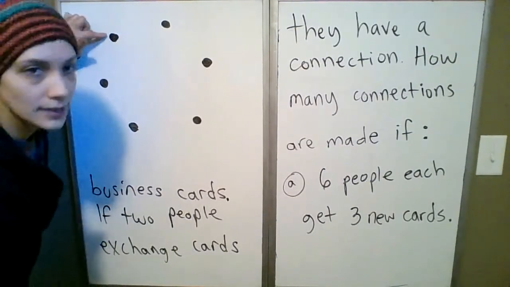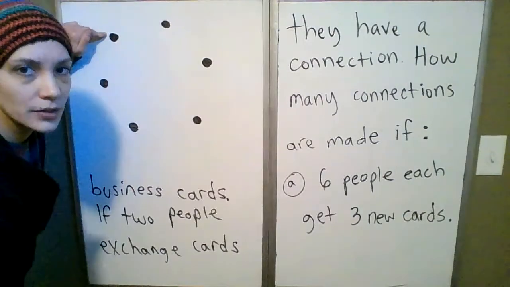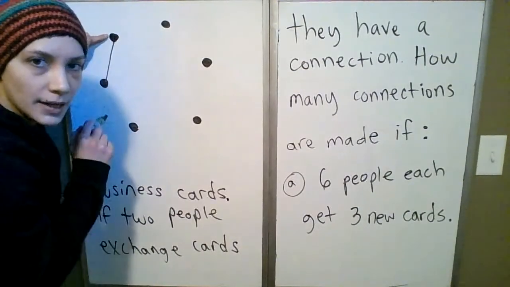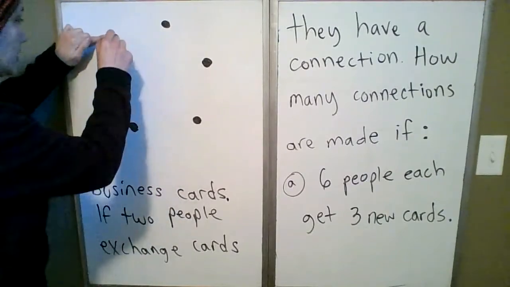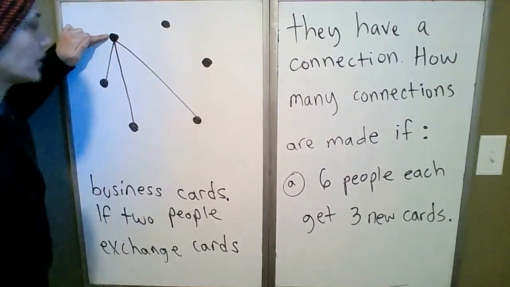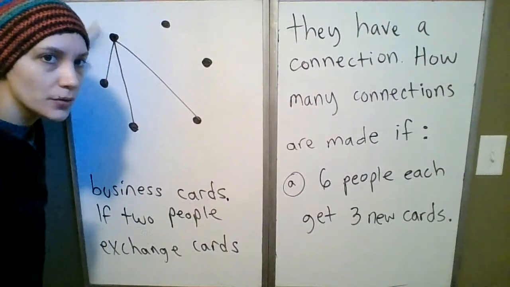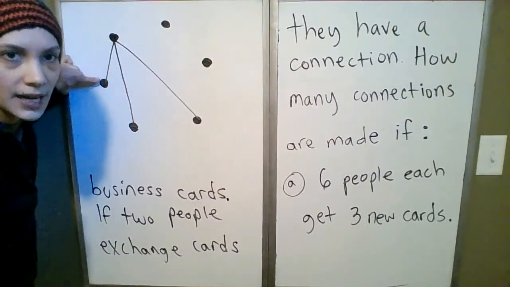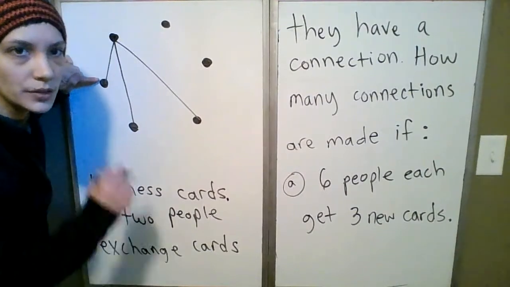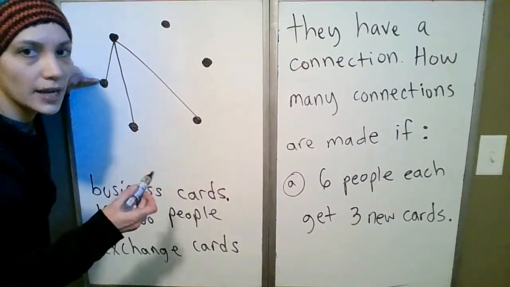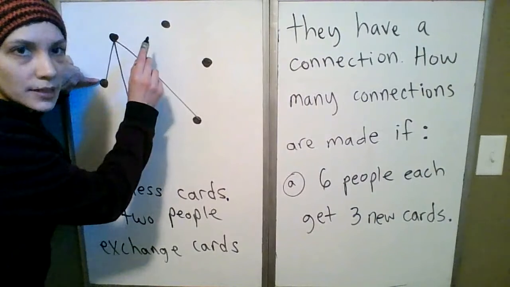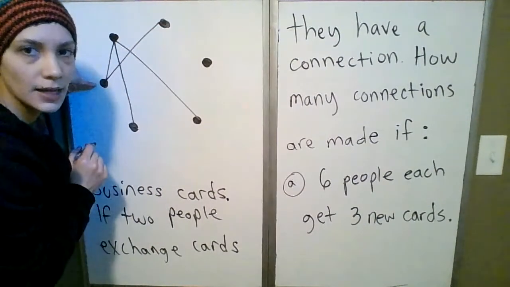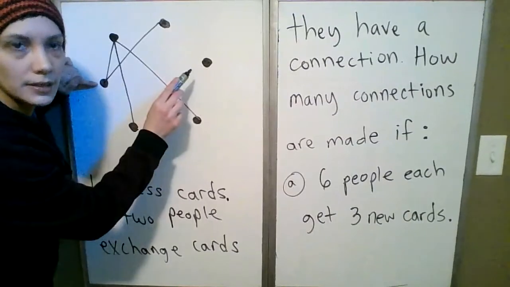All right, from this vertex, we're going to go straight down, over and over. So that person got 3 cards. This person already has 1 card. I drew the graph so that they get another card from this person, and this person.